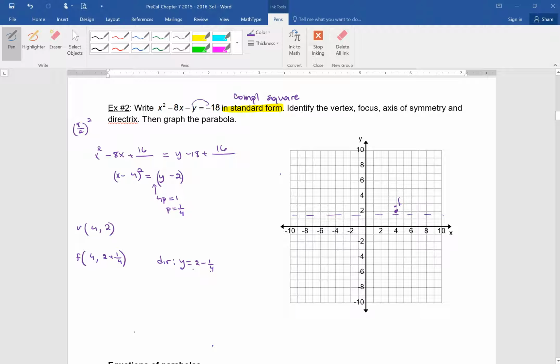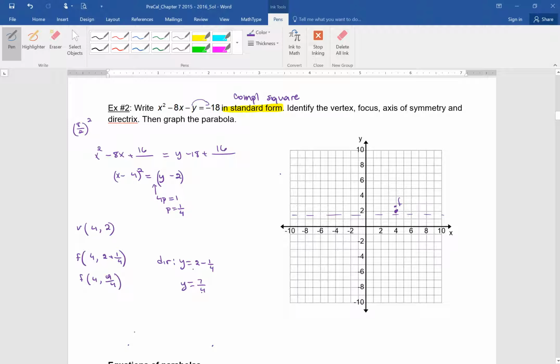Do you see the correlation here? In this case, we do 2 plus a quarter. Here we do 2 minus a quarter. That's always going to be that way. And if we're adding this to the y coordinate, then this is y equals. Okay? So you can remember like that. Okay, so then the focus is 4 comma 9 over 4. And the directrix is y equals 7 over 4.